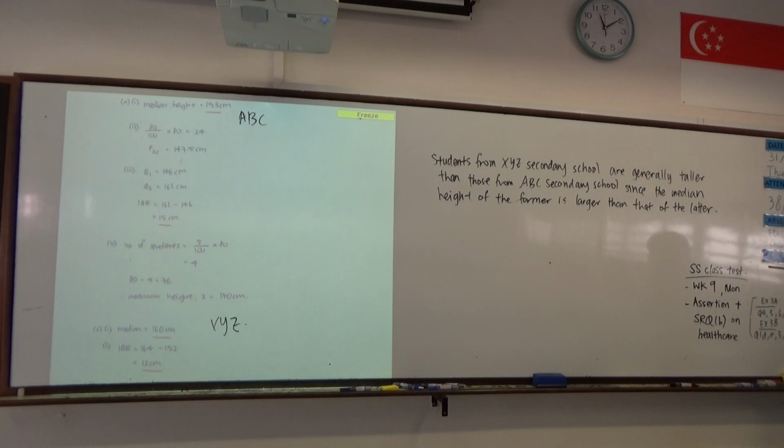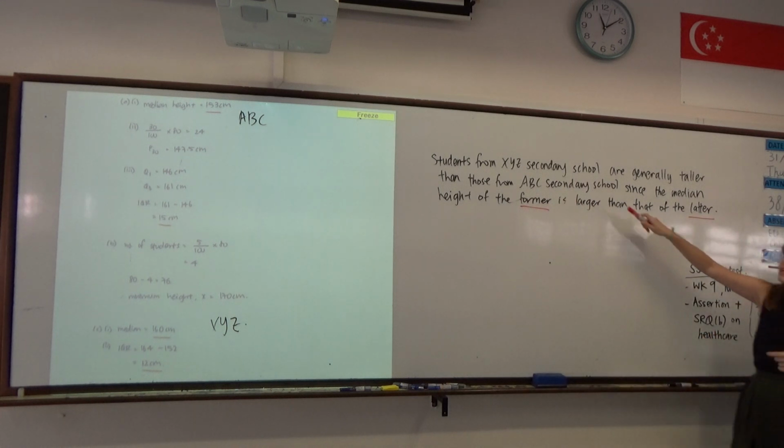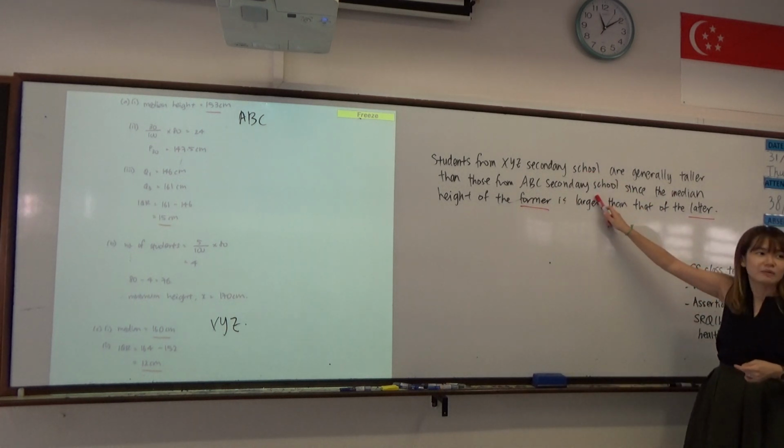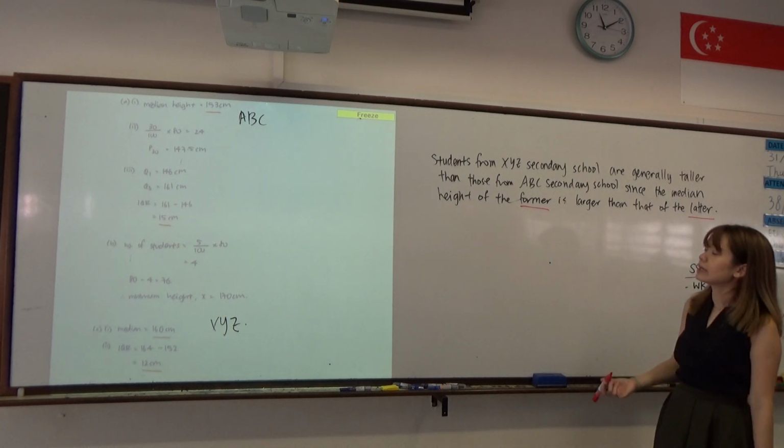Do I need to explain what former and latter means? This one and this one. Former means that it's the first one, latter means that it's the second one. So you don't need to rewrite again XYZ secondary school and then rewrite ABC secondary school. If you want to add in those words, then you can. I'm not stopping you from doing that.